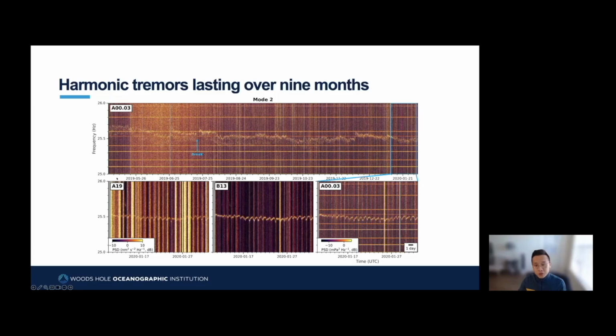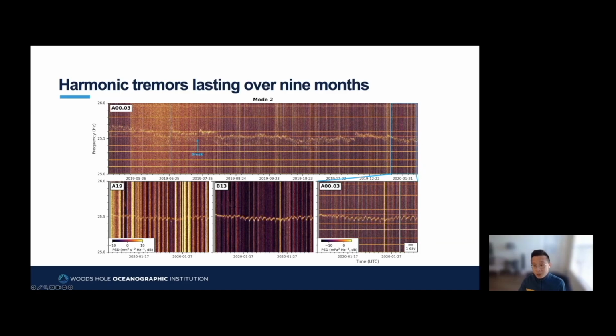So on the top, I'm showing the spectrogram of the 9 month record of one hydrophone in borehole BA1A. For those of you who are not familiar with this representation of the data, we are just dividing the 9 month long time series into 5 minute long time windows and doing a Fourier transform of every one of them.